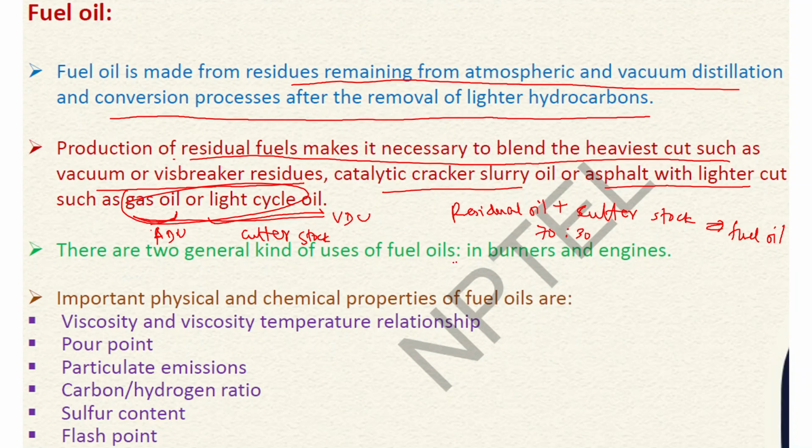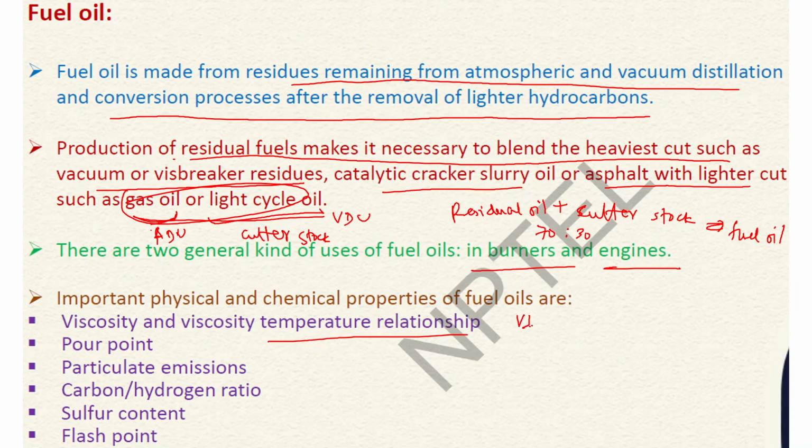There are two general kinds of fuel oils. They are mainly used in burners and engines. Important physical and chemical properties of fuel oil are the viscosity and the viscosity temperature relationship. So in burners and engines, the viscosity temperature relationship is a very important property.